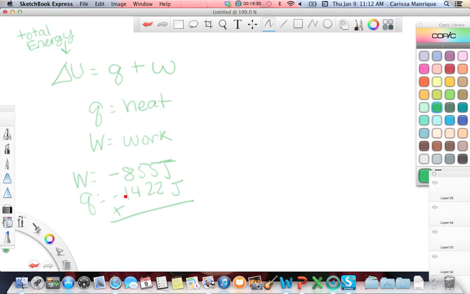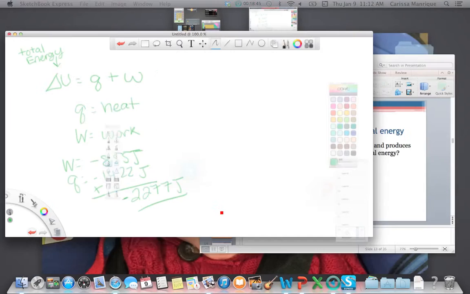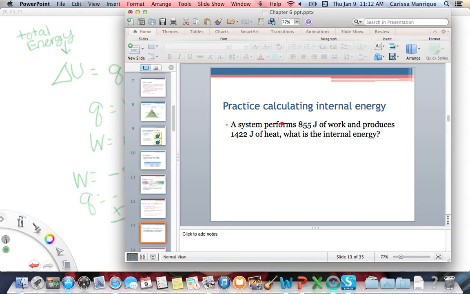Now that we know the signs, all we have to do is add them together. So 855 plus 1,422 is 2,277, and that's negative 2,277 joules. Now, if it had said work was performed on the system, then that would have been a positive number.